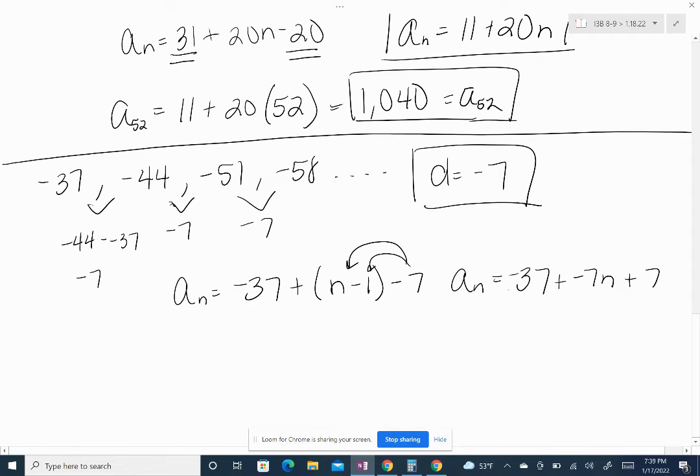So we have negative 37 plus 7 in your calculator. That's going to give us a negative 30. And then we have adding a negative 7n. So remember, when you're adding a negative number, that's the same as subtracting. So you can rewrite that as the nth term is going to be negative 30 minus 7n.